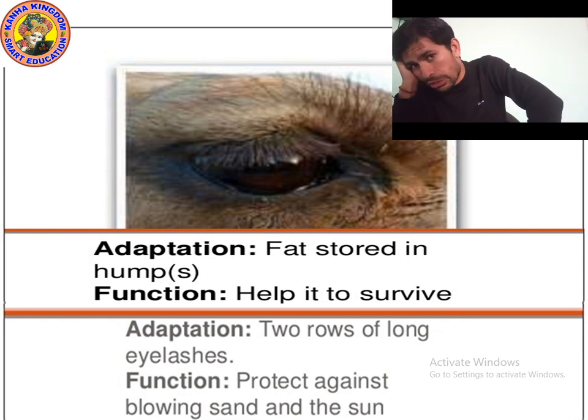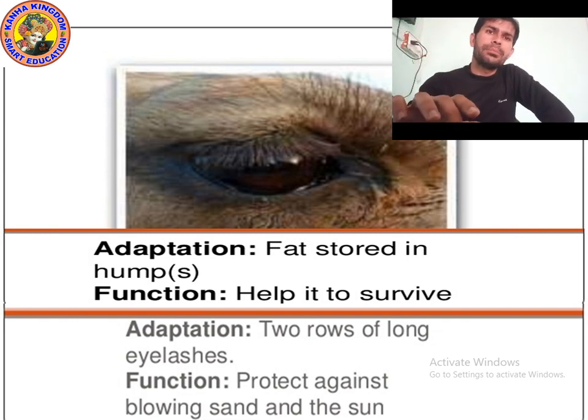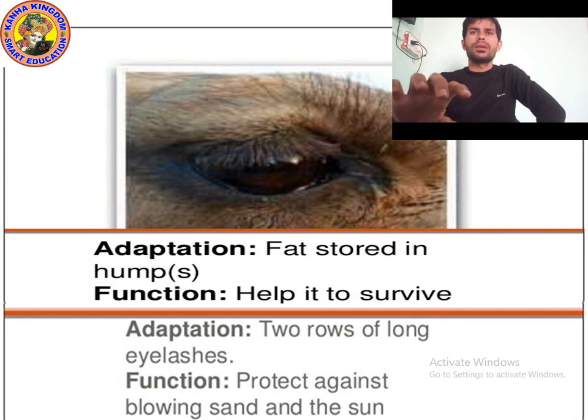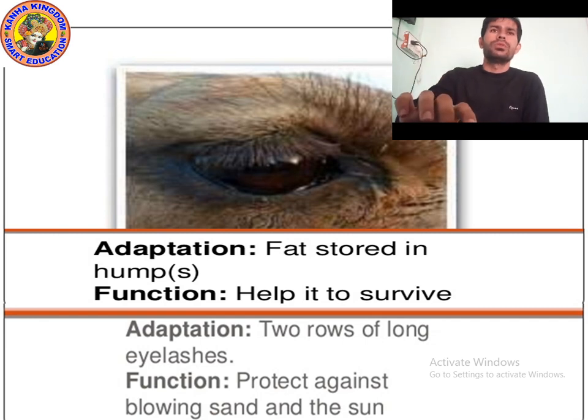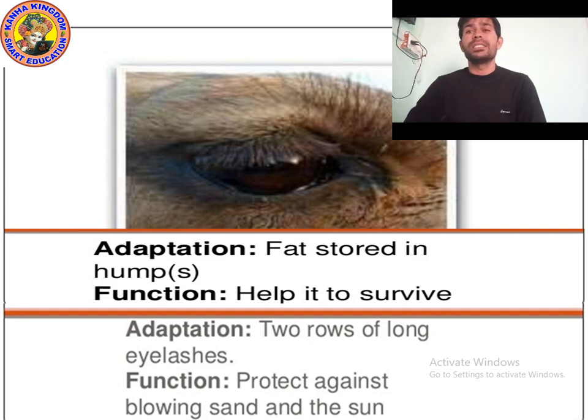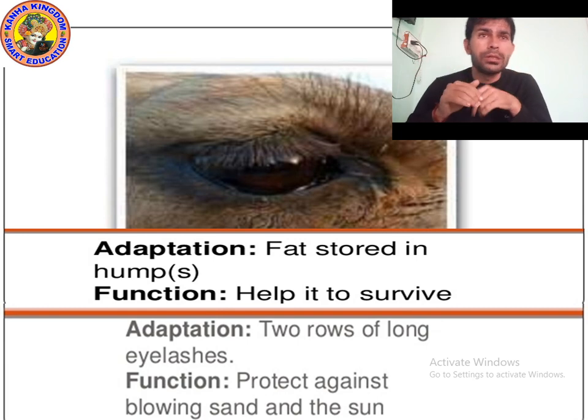So what do you mean by adaptation? Adaptation is the presence of certain specific features or habits which enable plants or animals to adjust and live in their surroundings.